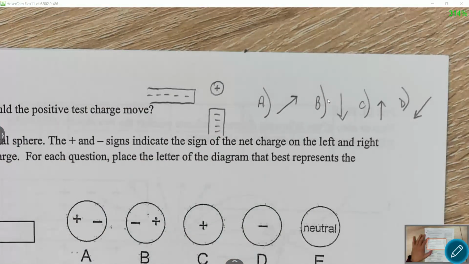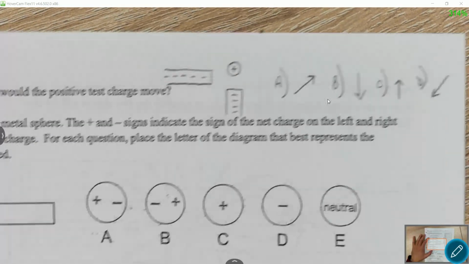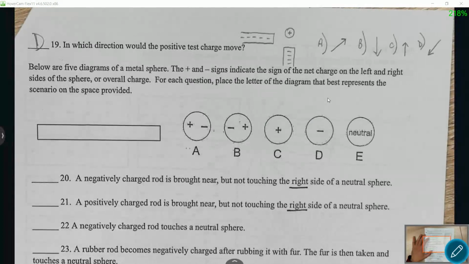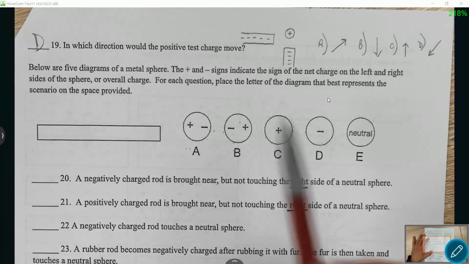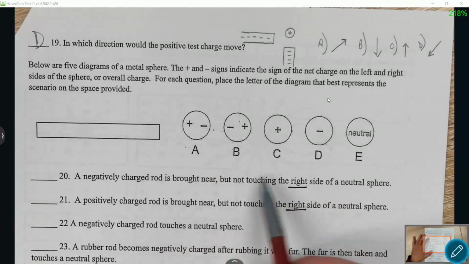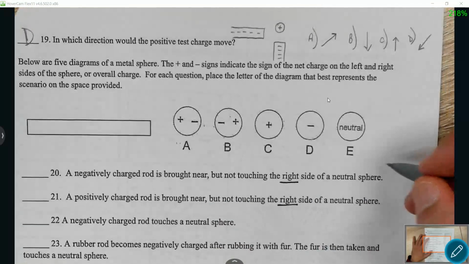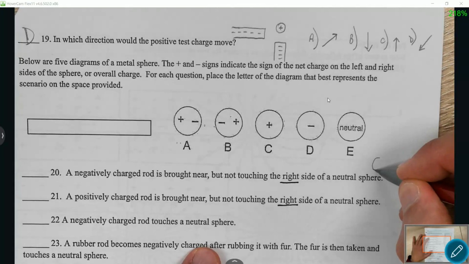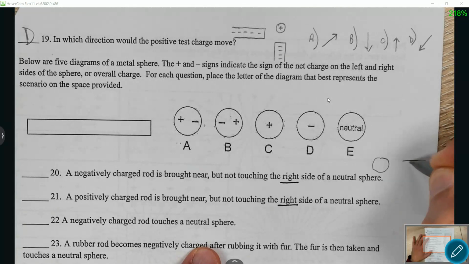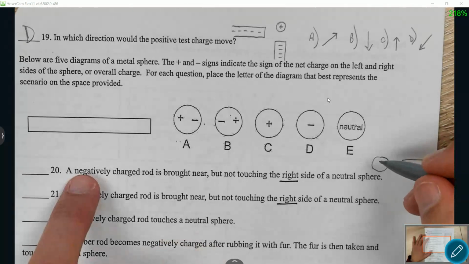So similarly here in 20 through 23, you're going to want to just add a little bit of a picture in here. All right, a negatively charged rod is brought near but not touching the right side of a sphere. So I just draw a sphere. It's on the right side and this thing is negatively charged.